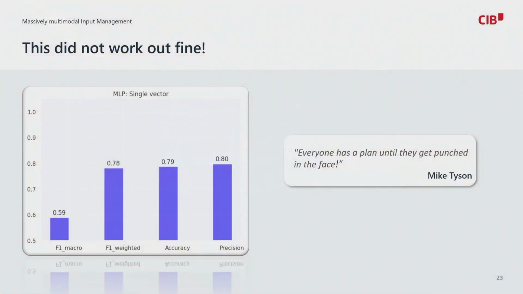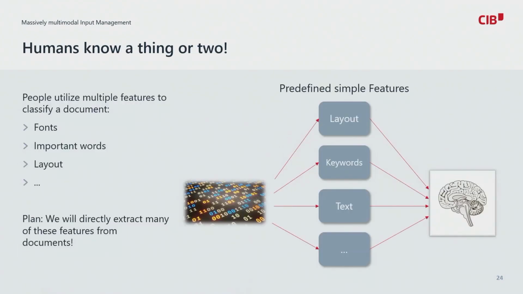And of course, the people working at CIB are much smarter than an AI. And I don't mean this in a bad way, they really are. They use a lot of things that the AI doesn't have access to, because the AI on its own had to learn all these things about documents, whereas humans have a big advantage.